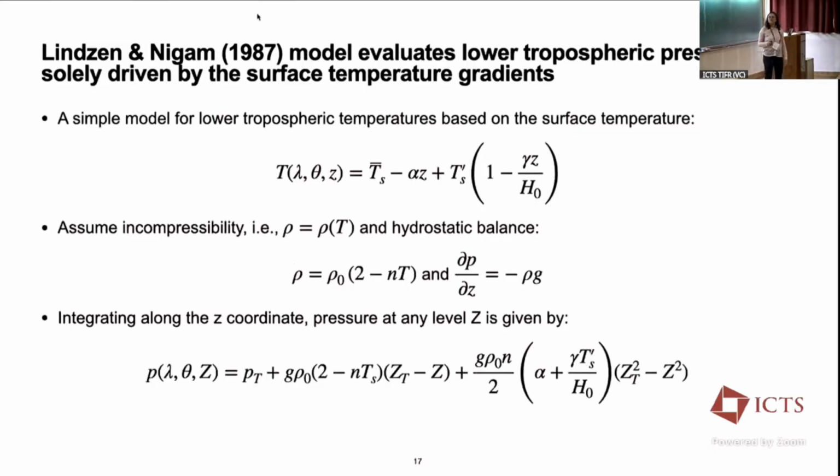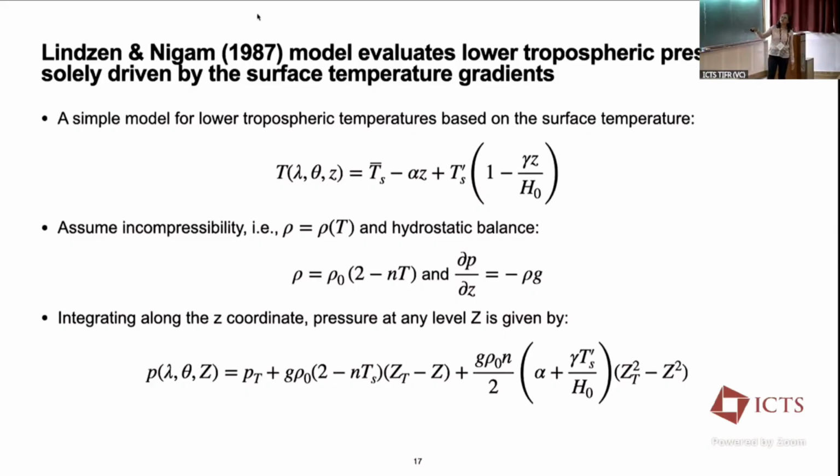Okay, all right. Then I thought I would also walk you through the model. It seems like a lot of equations, but it's fairly straightforward. The first thing they did was come up with a model for the temperature at any latitude or height based on the surface temperature. That's what is given by the first equation.